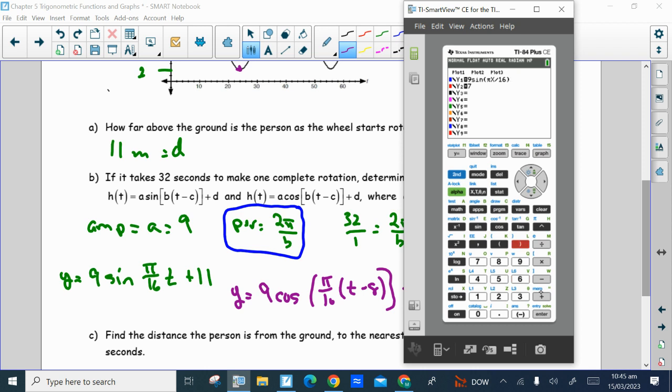Close the bracket, and then you have plus 11. So there's a sine graph. If it's a cosine graph, it's 9 times the cosine. And in this case, we'll have to do an extra set of brackets because we have a b value, which is pi on 16, and a c value of 8. So we'll put the pi on 16 in brackets, and then another bracket for the x minus 8.